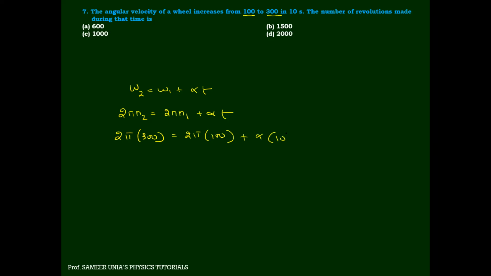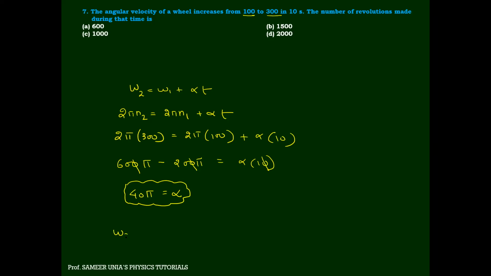Alpha into t is 10. So this is 600 pi minus 200 pi is equal to alpha into 10. तो 10 का 0 and 0 cancel हो गया. 60 pi minus 20 pi is 40 pi is alpha, ये alpha मिल गया.